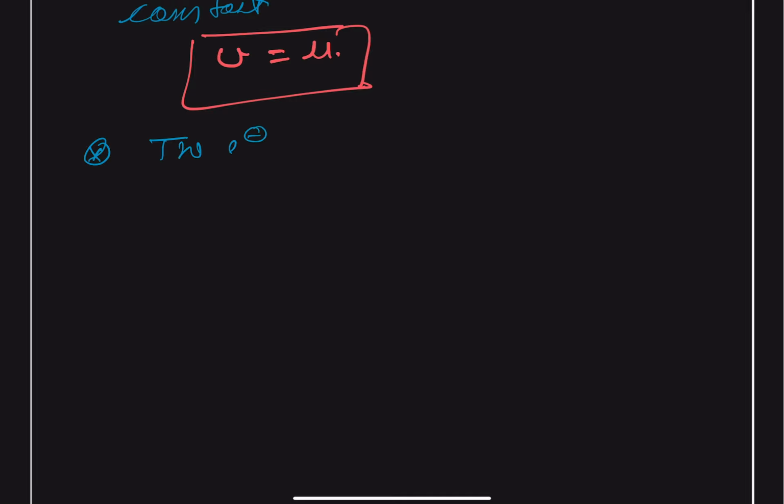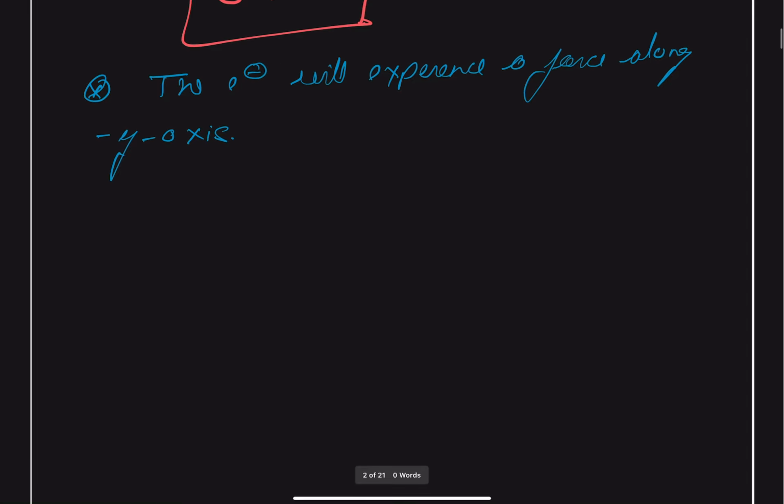Therefore, we can say the electron will start to curve in the downward direction.